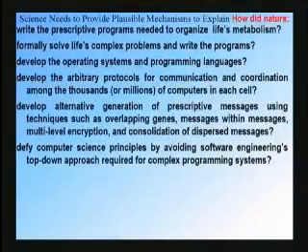How did nature defy the computer science principles by avoiding software engineering's top-down approach required for complex programming systems? Anybody who's done any programming knows that in order to get a functional program of any complexity, you have to follow a top-down design and implementation, or you're going to get garbage. How did nature do it? Bottom up, by randomly mutating at the bottom to produce something very functional at the top. That's a computer science mystery, if that could happen.